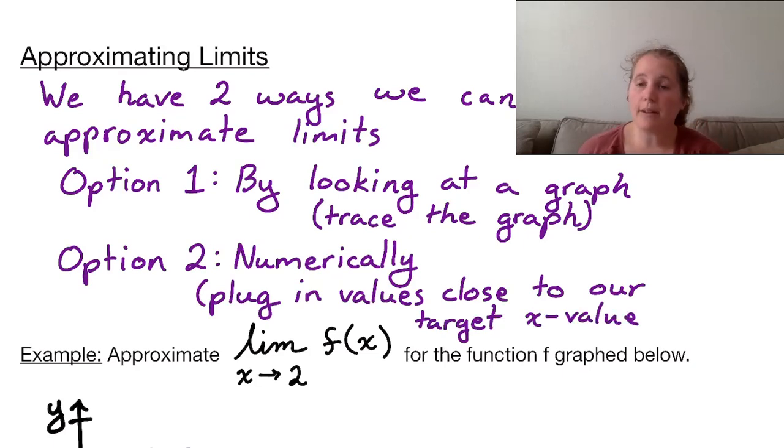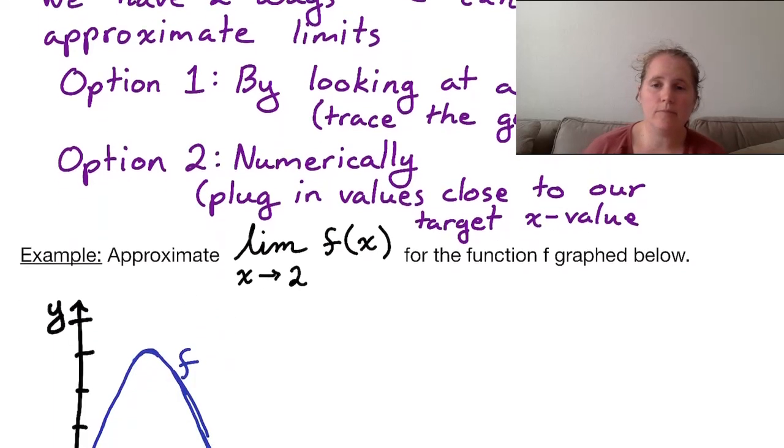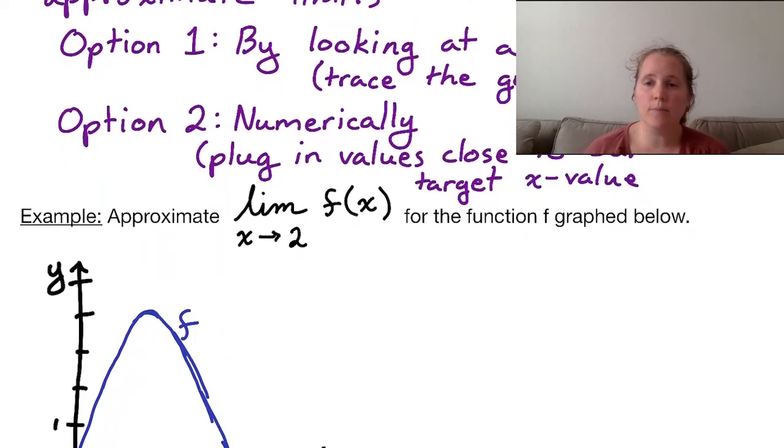So we're going to practice our limit notation here. In this first example, we want to approximate the limit, written lim with x going to 2 of f of x.